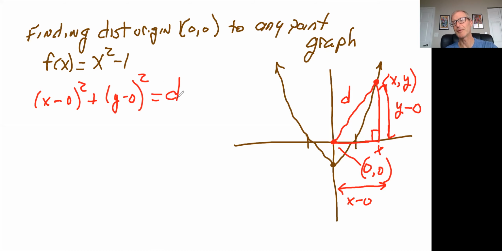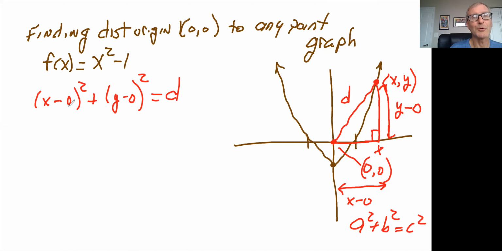And that's the old Pythagorean theorem, where the x here is like the a, the y is the b, and the hypotenuse is the c. Remember Pythagorean: a squared plus b squared equals c squared. And so we're using that same concept to derive the distance from the origin to any point on this graph.